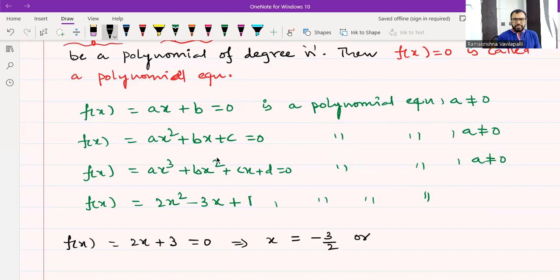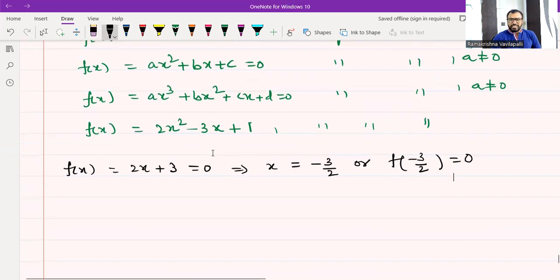Or you can say the value of f at minus 3 by 2 equal to 0. Means at that particular value, that equation is satisfied. So this minus 3 by 2 is called a root of f of x equal to 0.